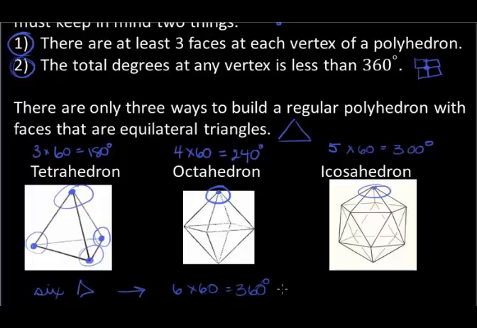And what that would mean was that it would just simply lay flat on the table, and we would not have a 3D corner. So if we're using equilateral triangles as our faces, there's only 3 ways that we could put them together: getting the tetrahedron, the octahedron, and the icosahedron.